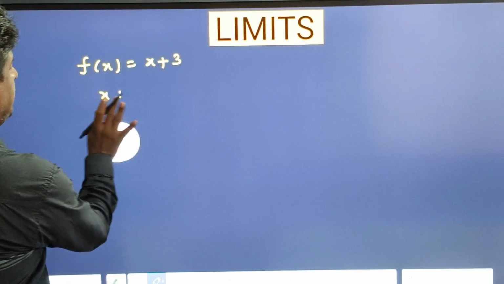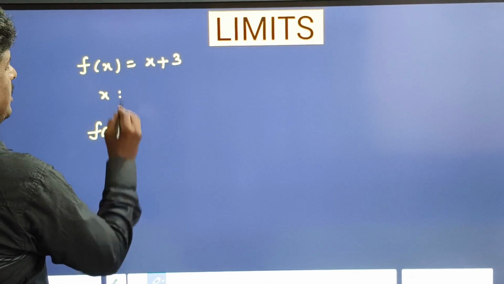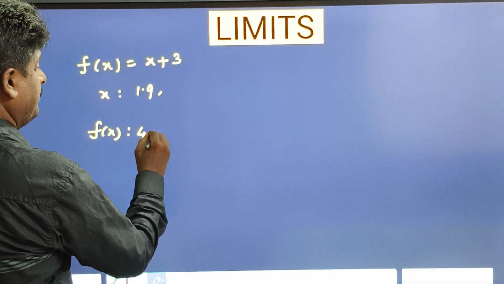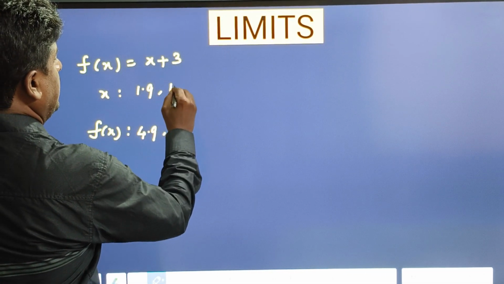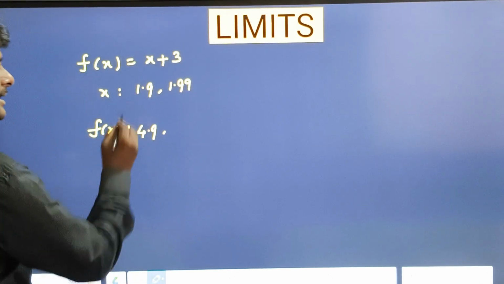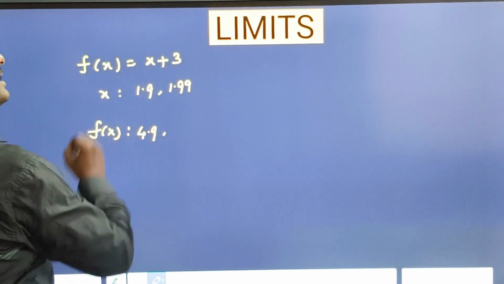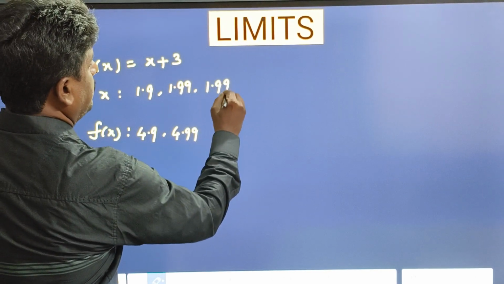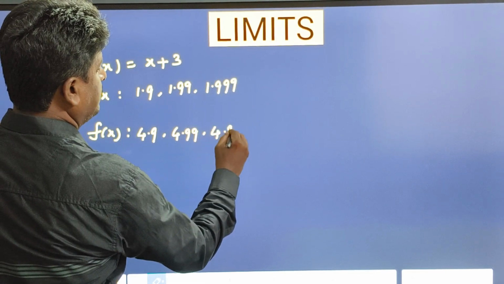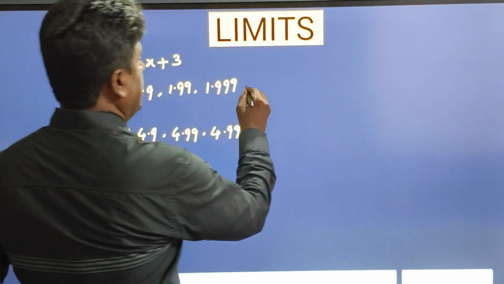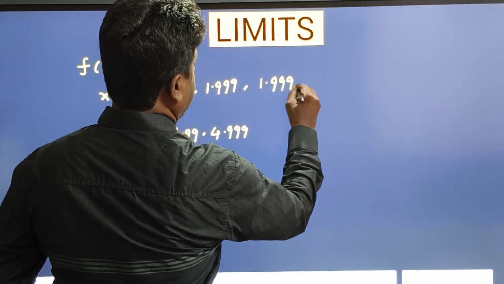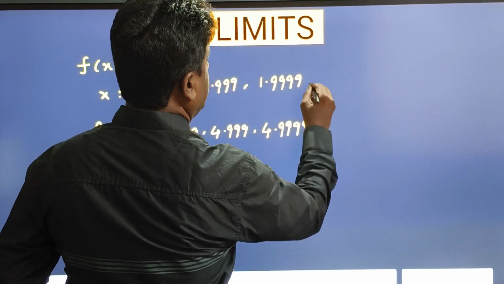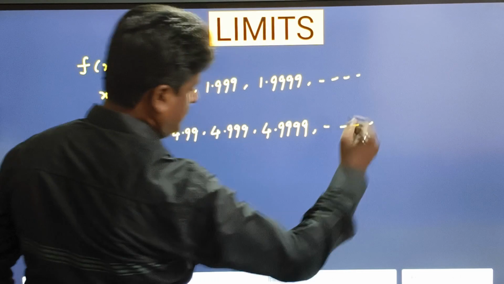Suppose x value is 1.9, corresponding f of x value 4.9. x value 1.99, while substituting here f of x value will be 4.99. x value 1.999, f of x value 4.999. x value 1.9999, f of x value 4.9999, and so on and so on.